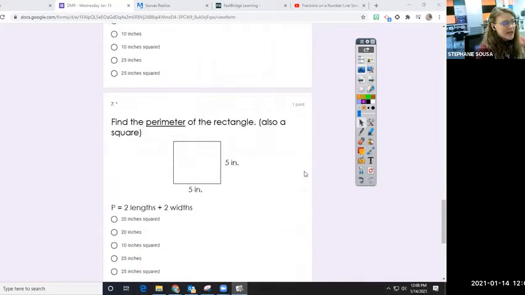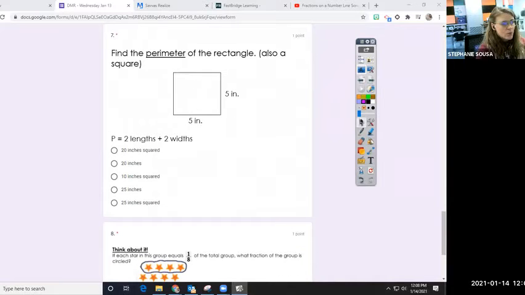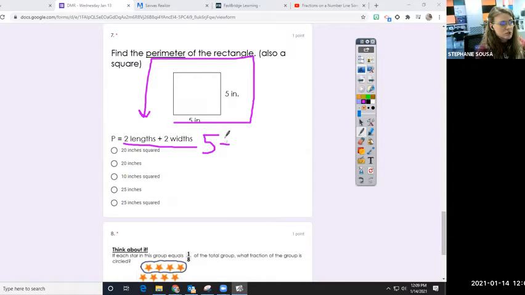Next one is the same image of a square with 5 inches on the length and 5 inches on the width. But our perimeter is asking for the total distance around the shape. So we have to add 2 of the lengths, which is the bottom and the top. And we have to add 2 of the widths, which is the left and the right.